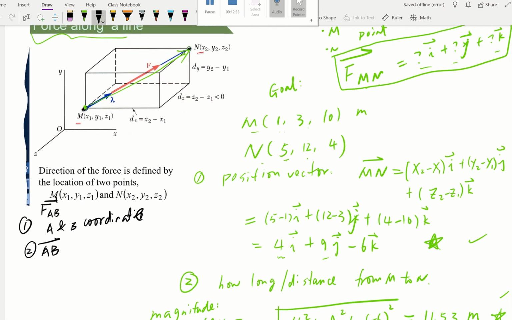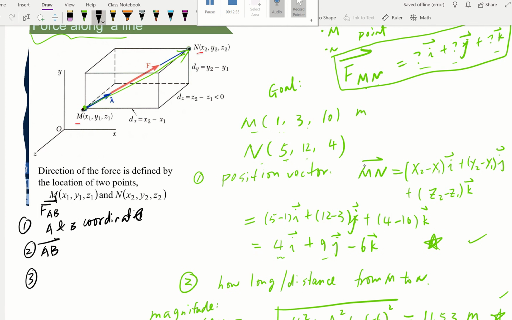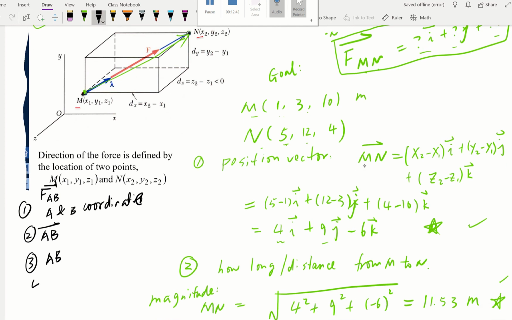Then the next step is we find AB without a hat. We find the magnitude, the distance connecting A to B. Once we know that, we can find lambda AB, which is our position vector AB over the distance AB.